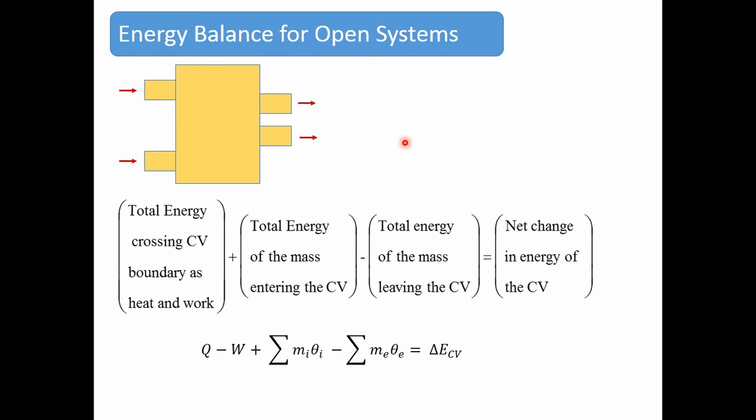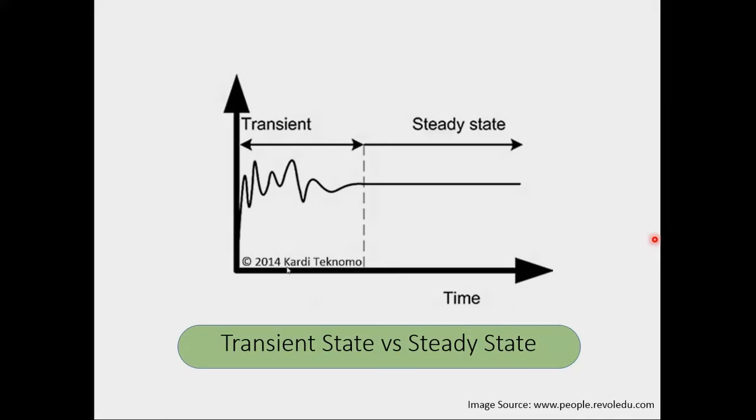Before we further develop this relationship, we need to be familiar with a couple of relevant concepts which will help us to simplify our energy balance equation for open systems. Transient and steady state are two important concepts. For example, in this diagram, you can consider this vertical axis represents any thermodynamic property, and the horizontal axis is the time.